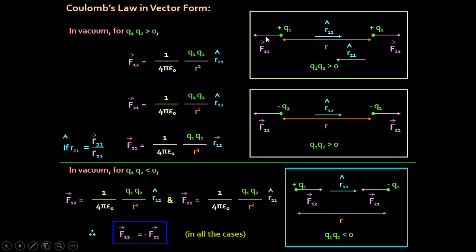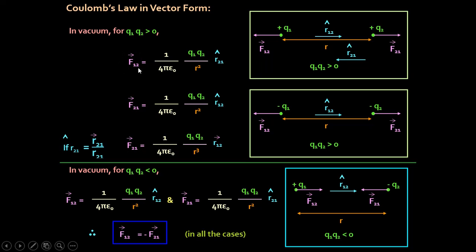F12 means it is the force exerted on Q1 by Q2. Similarly, F21 is the force on Q2 by Q1. So I can express it like this: F12 equals 1 upon 4 pi epsilon naught, Q1 Q2 upon R square, R21 cap. If you are taking F12, here you should take R21, because R21, you should remember, is in the direction of F12.